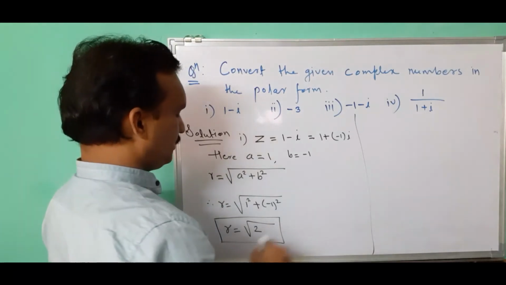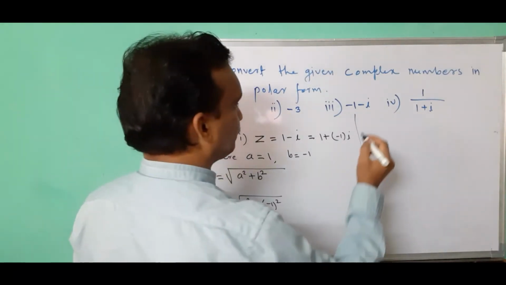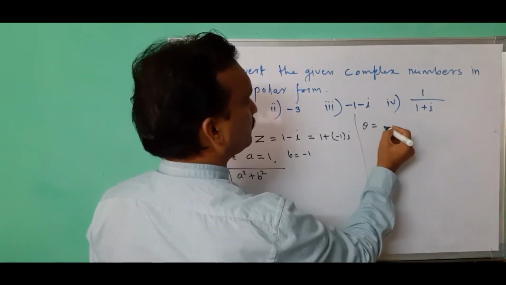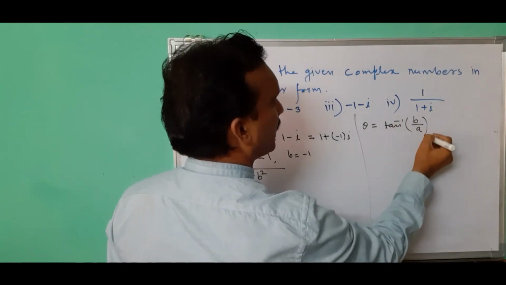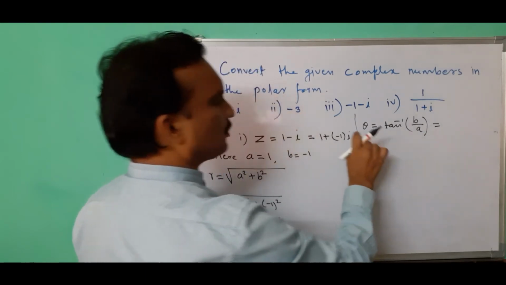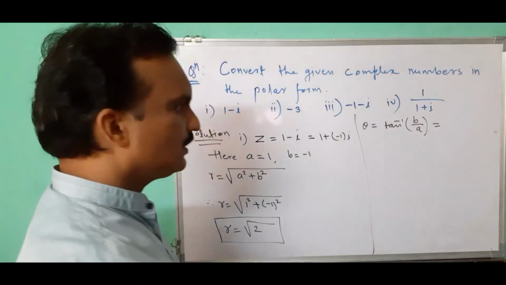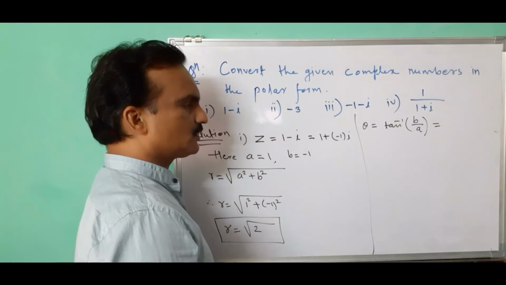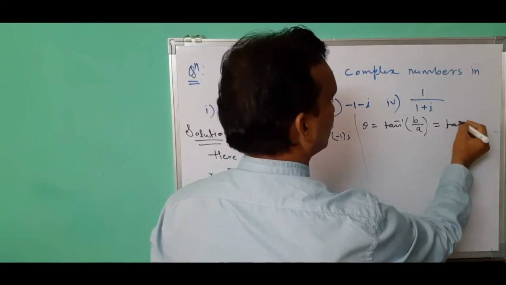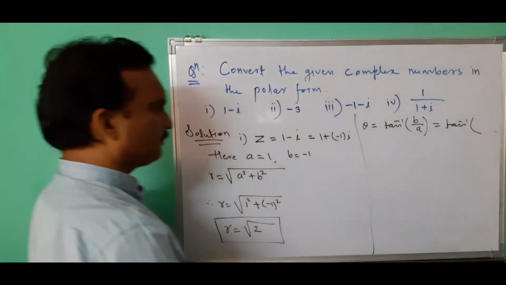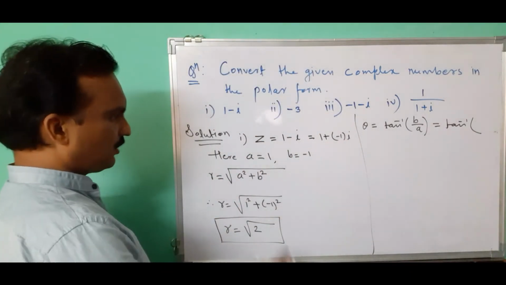Now find out the value of theta. Theta means argument of the complex number. So theta is equal to tan inverse of b upon a. What is b?